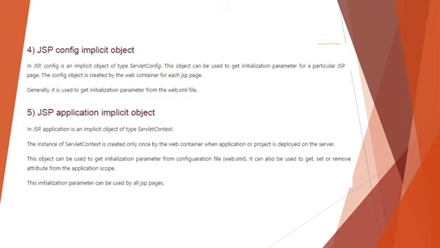Now what is config? Configuration. This is the servlet config object for this page. In JSP, config is an implicit object of servlet configuration. This object can be used to get initialization parameters for a particular JSP page. The config object is created by the web container for each JSP page. Generally, it is used to get initialization parameters from the web.xml file.